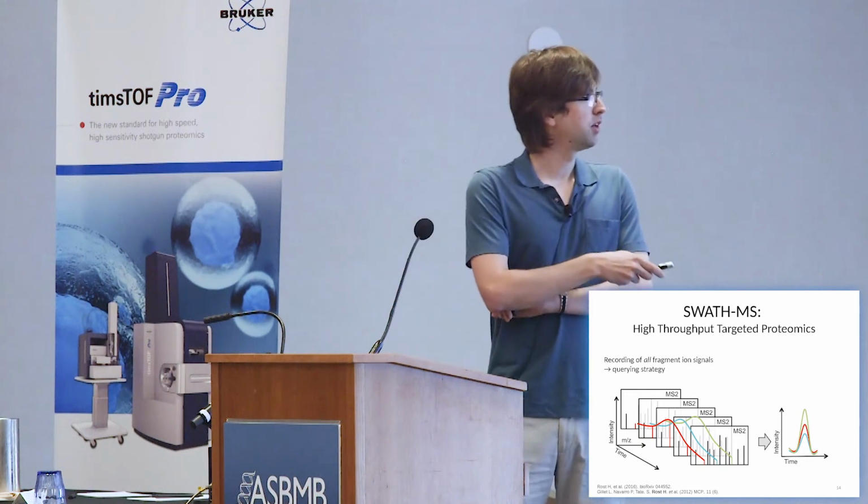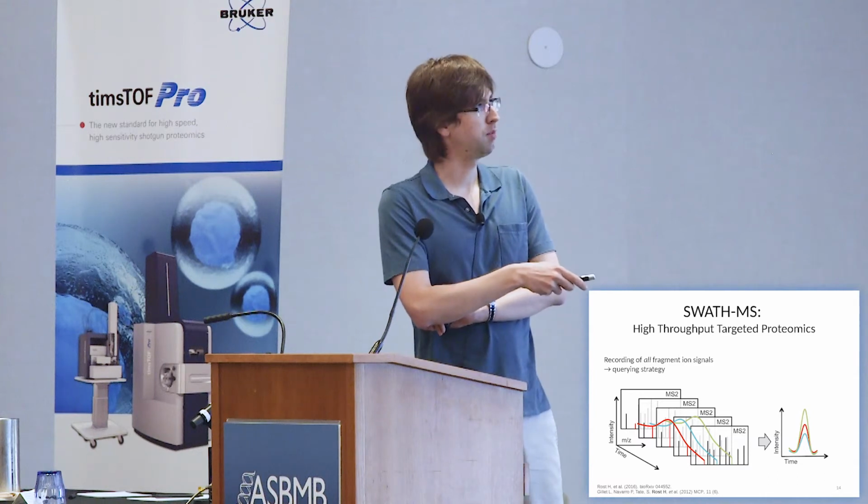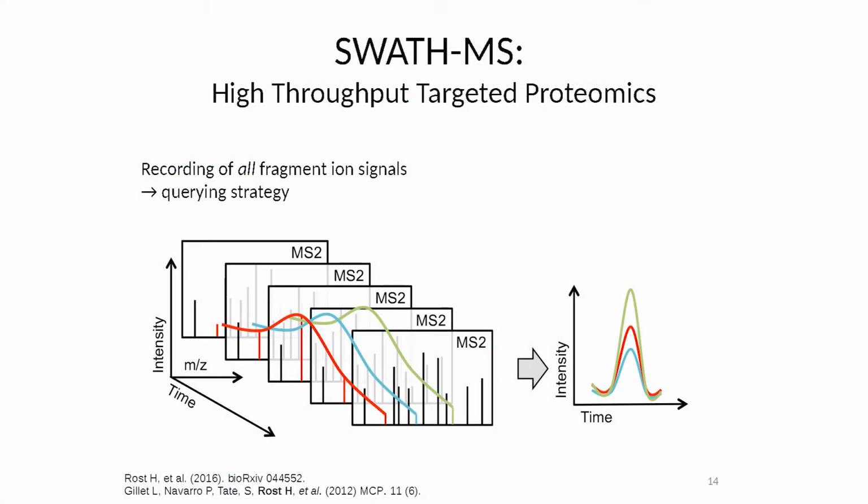So here, for example, if we are looking for a specific peptide with 3 different fragment ions, red, blue, and green, our query would consist of the mass to charge ratio of these fragment ions, the retention time of the peptide, and the precursor mass to charge of that peptide.